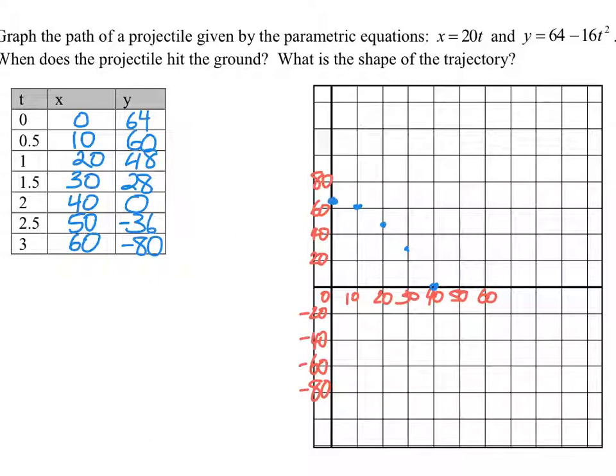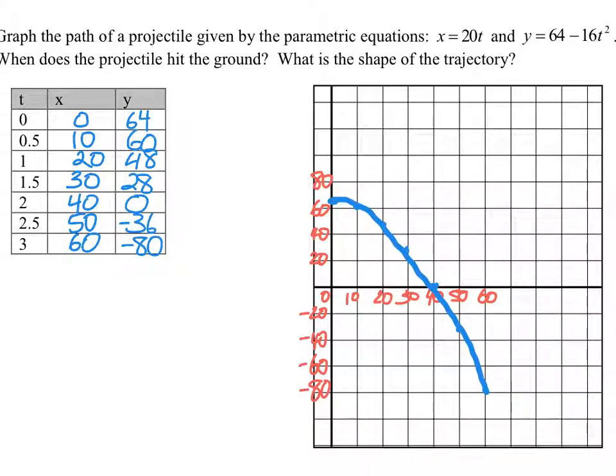50, negative 36. We're talking about right here. And then 60, negative 80 is right about here. All right, so let me increase the thickness. I can't see the points, but I went for it anyway.